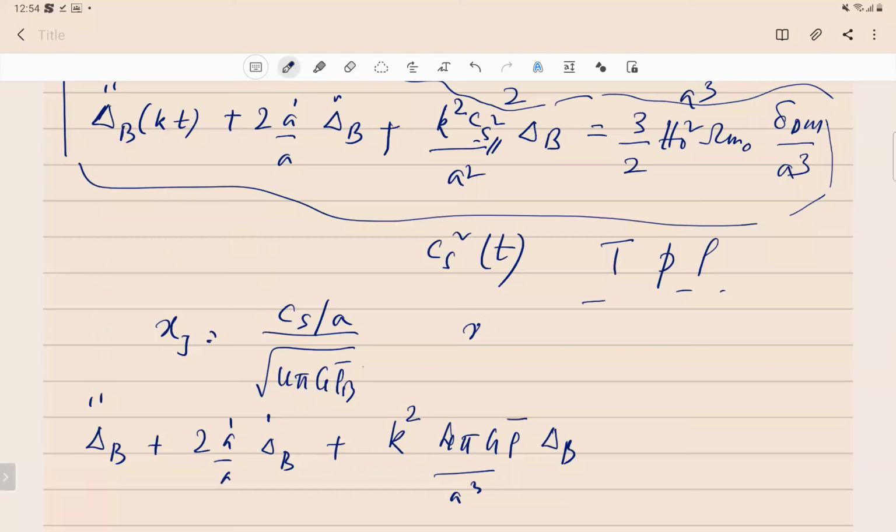Let me just check what is happening. c_s squared by a squared is, right, so here there would be no a.